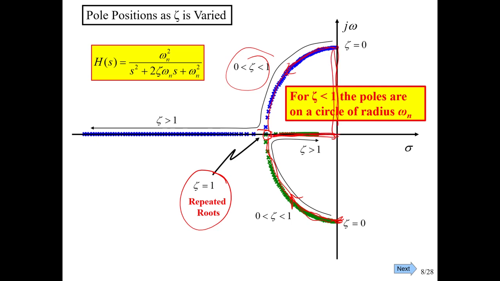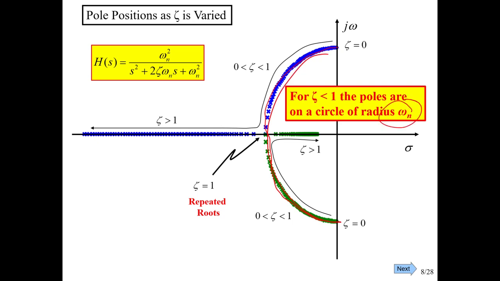It should be if I made the scale of these axes the same. So this is half of a circle, and it has a radius of omega sub n. So this starts off on the j omega axis at j omega n, and it ends up over here at minus omega sub n. Then they hit, and then they start to separate. One goes this way, and one goes this way.